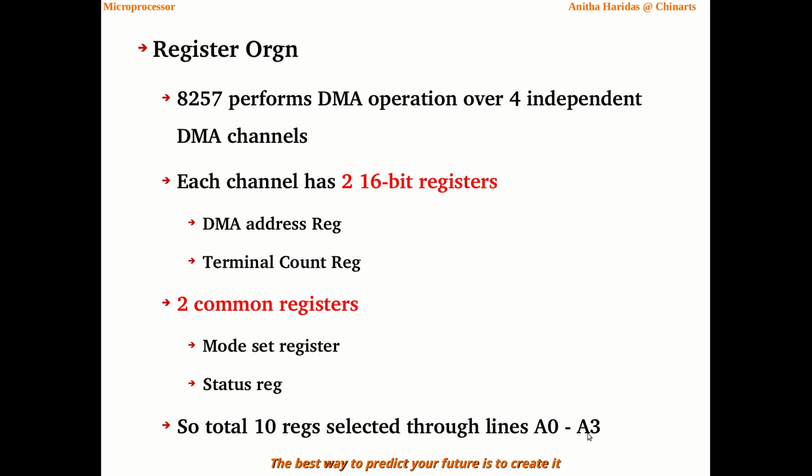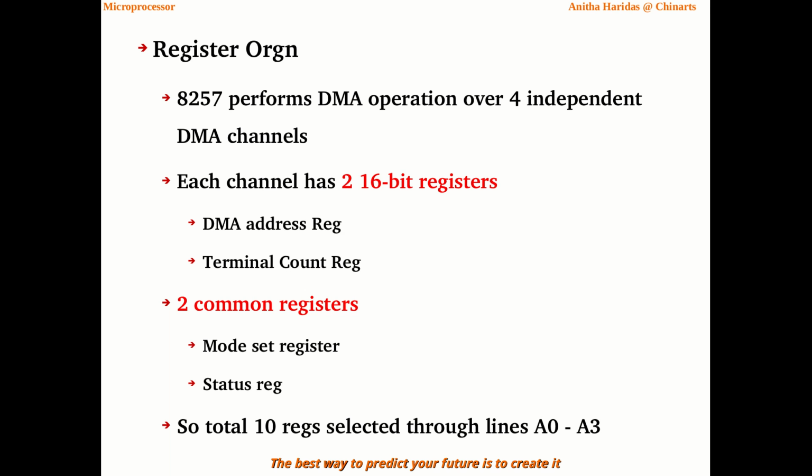So A0 to A3 means how many lines we have totally? 4 lines we have, 0, 1, 2 and 3. So since I have 10 registers, I need 4 bits to refer each and every register. How?